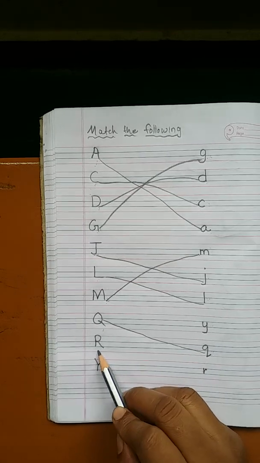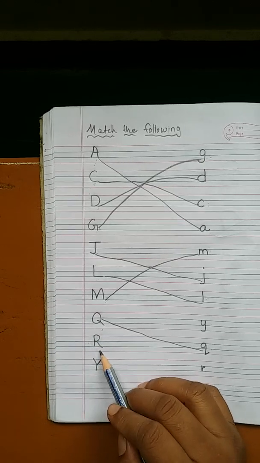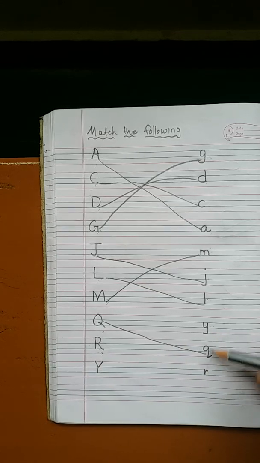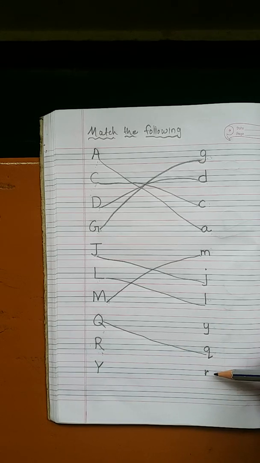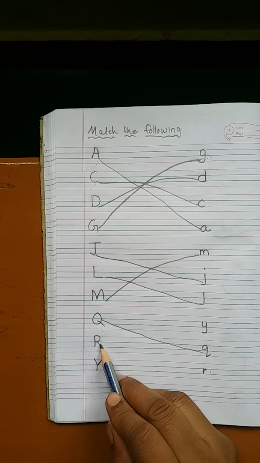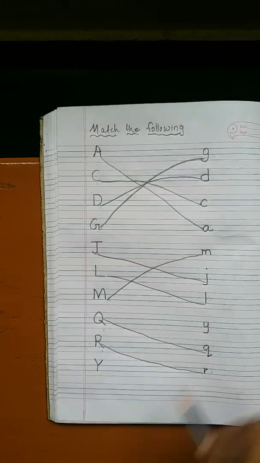Very good. Now see, this is capital letter R. What is this letter? This is capital letter R. And here we have to find out small letter R. So, draw one line. Very good. Like this you have to do.